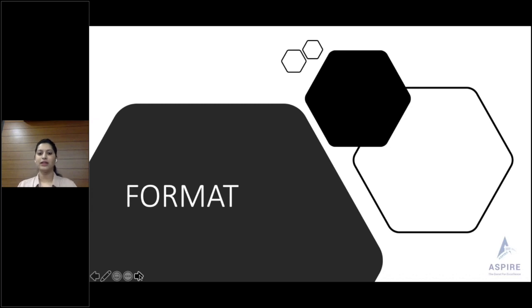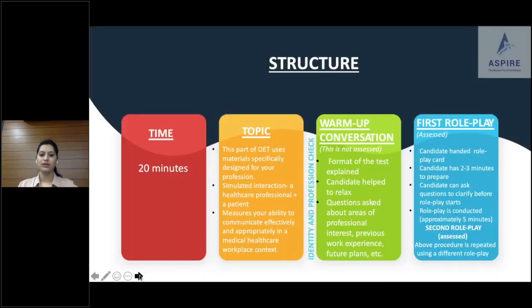All right, let's begin the session by taking a look at the format. So the basic structure, this was discussed in the previous introduction class, but we'll be going in depth this time. So the OET speaking subtest runs for 20 minutes, and the topic is specific for the profession.